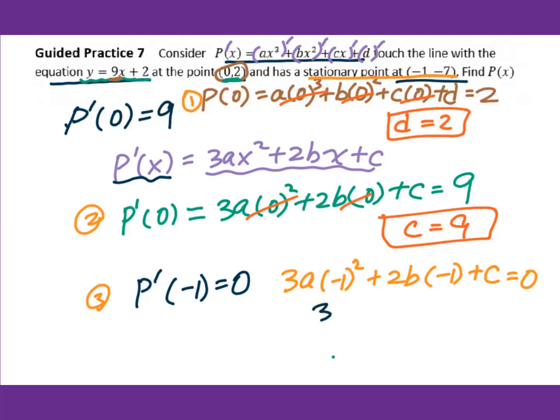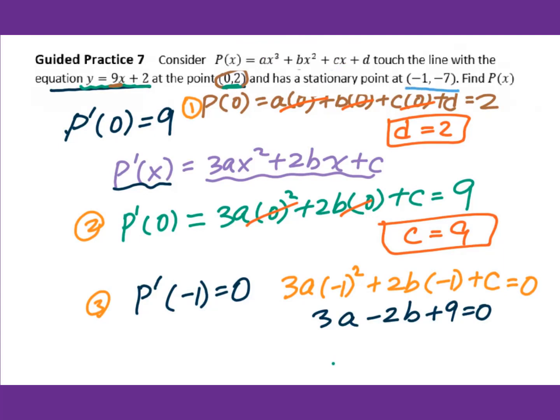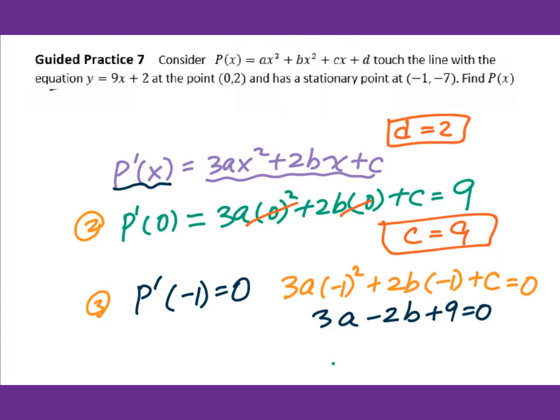You will get 3a minus 2b, and c is 9, so plus 9 equals 0. Also, (-1, -7) is a point on the graph. In other words, I can write p of -1 equals -7. So we plug in a times -1 to the third power plus b times -1 squared plus c times -1 plus d equals -7. Then we plug in d equals 2 and c equals 9.